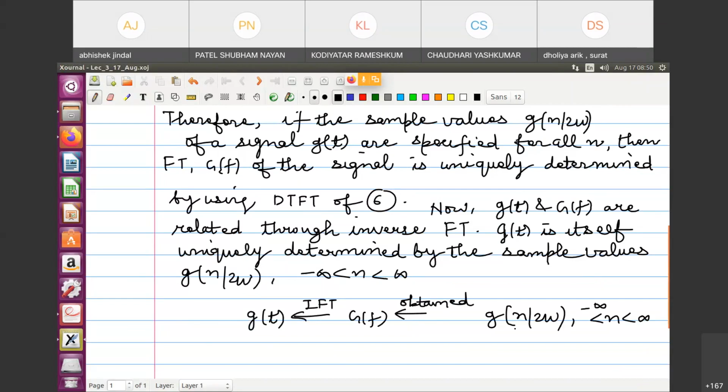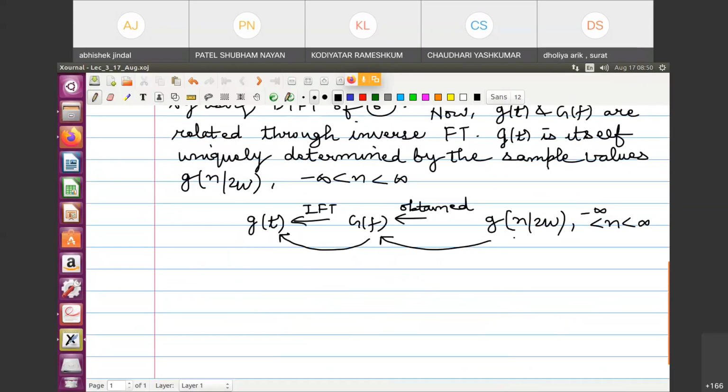So if g(n/2W) determines G(f), and from G(f) we can directly use the inverse Fourier transform operator to find g(t), then we can simply say that g(n/2W) will uniquely determine g(t). That was our starting point: whatever sampling procedure we adopt, the samples should give me the original signal uniquely. It means if I try to recover g(t) from g(n/2W), I should land up with g(t) only, not a different function.